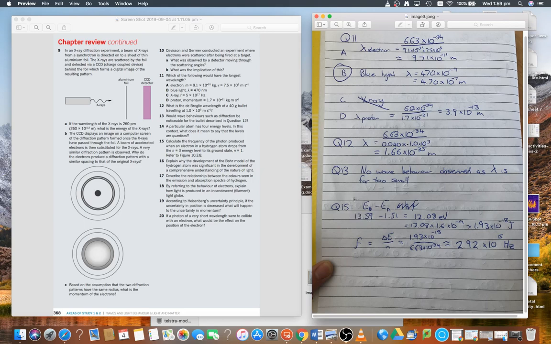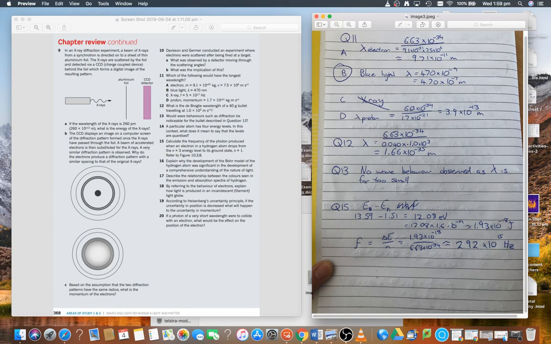That means that's how much energy is required to liberate it from that position. And then two energy levels above that, I've found that it has a bound state of 1.51. If you just work out the difference, you can find the energy of that transition, and it's 12.08 electron volts.